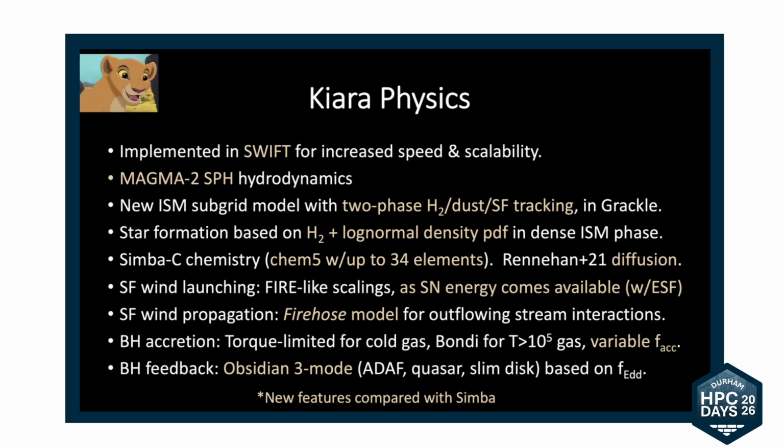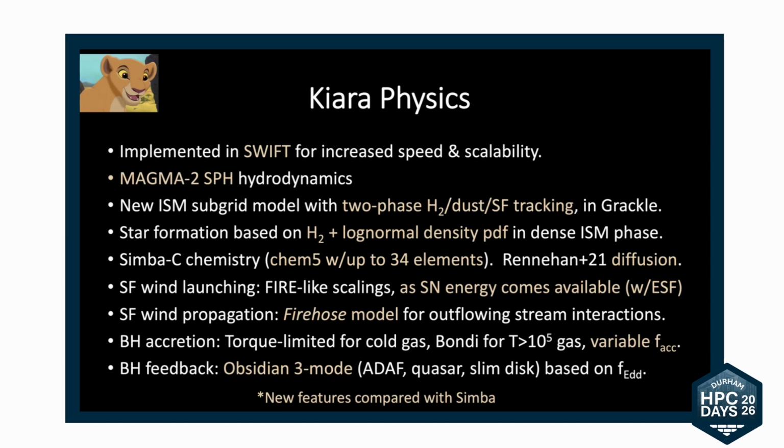Okay, now getting a little bit more technical, what is in our next generation of simulations that we've been working on over the last 4 or 5 years since Simba came out? We've heard about Swift already, and why Swift is great, so we're using Swift. I'll talk a little bit about the new hydrodynamic scheme that we have in there, also the new ISM subgrid model, which is based a lot on work we did with Britain.